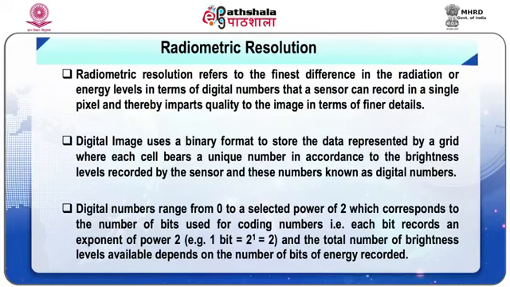For an image, digital numbers range from 0 to a selected power of 2, which corresponds to the number of bits used for coding the numbers. For example, each bit records an exponent of power 2, that is, 1 bit equals 2 to the power 1, which equals 2. The total number of brightness levels available depends on the number of bits of the energy recorded.